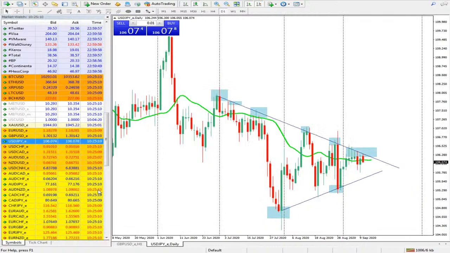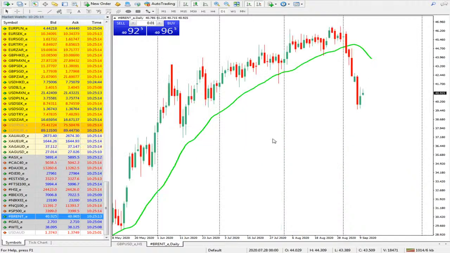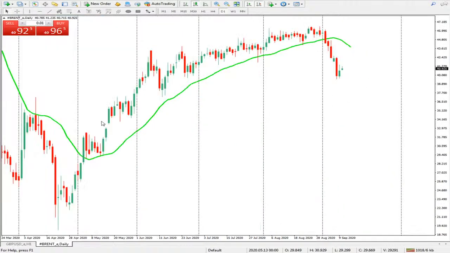So the next chart is Brent oil. So far, Brent oil is bearish. Brent oil is very much to the lower side. We keep seeing price continue to the lower side, and we expect it to continue even much lower. The reason I'm saying that is because we had a shape which has just been broken to the lower side.